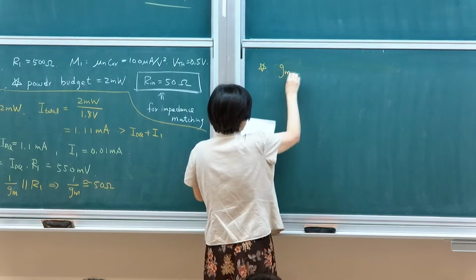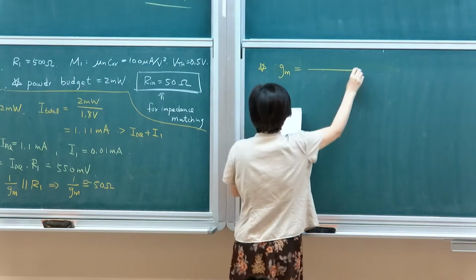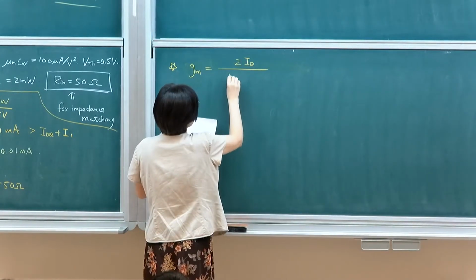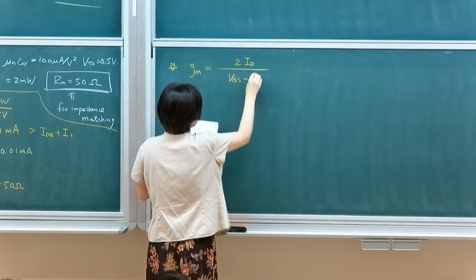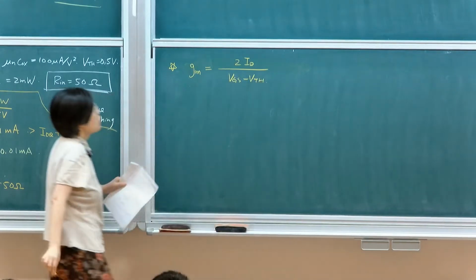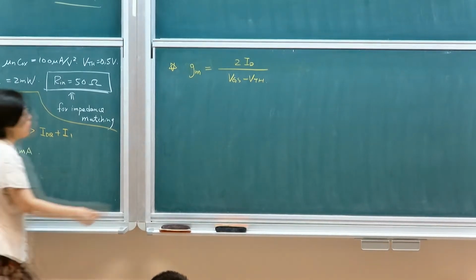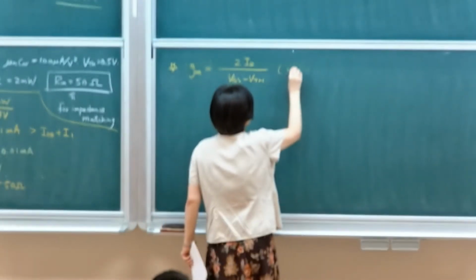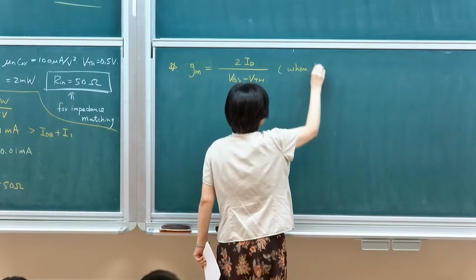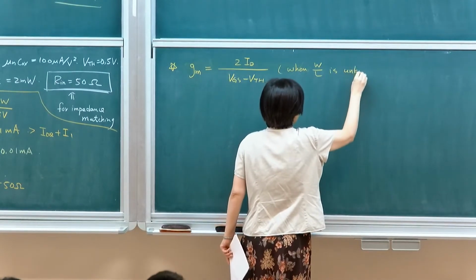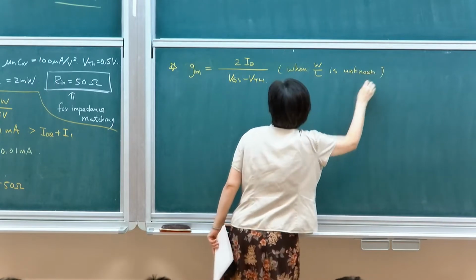Because GM, you can set it up as 2ID over VGS minus VTH. We know that GM can be expressed this way, and this equation is used when W over L is unknown, because we don't know what W over L is yet.